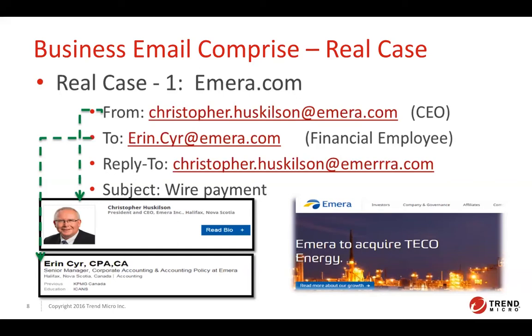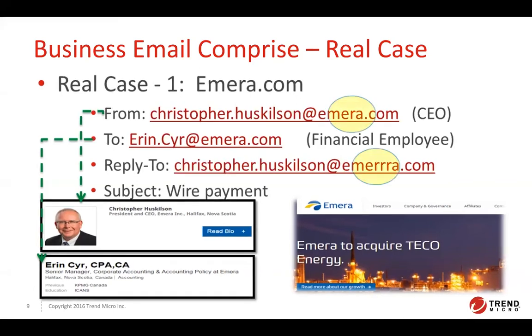But there are a few things to take note of in emails like this. The trick is usually in the email header reply-to field. Attackers use a different domain from your company's domain as the reply-to address. So when you reply to these emails, it goes to the attacker's mailbox, and then the attacker takes over for future conversations. You can see there in the example that's circled, the Emera with one R, right?